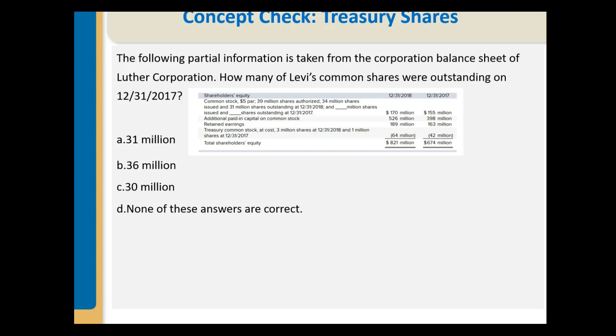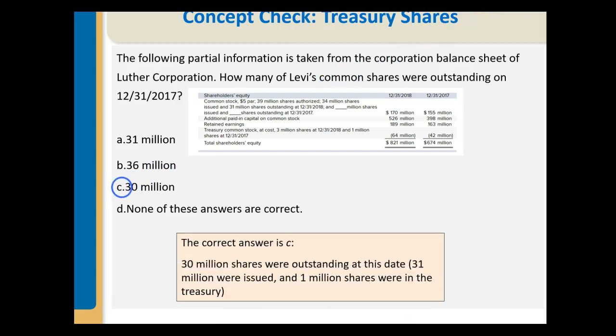How many were outstanding? So 30 million shares were outstanding as of the end of 2017. 31 million were issued, and 1 million shares were in the treasury.